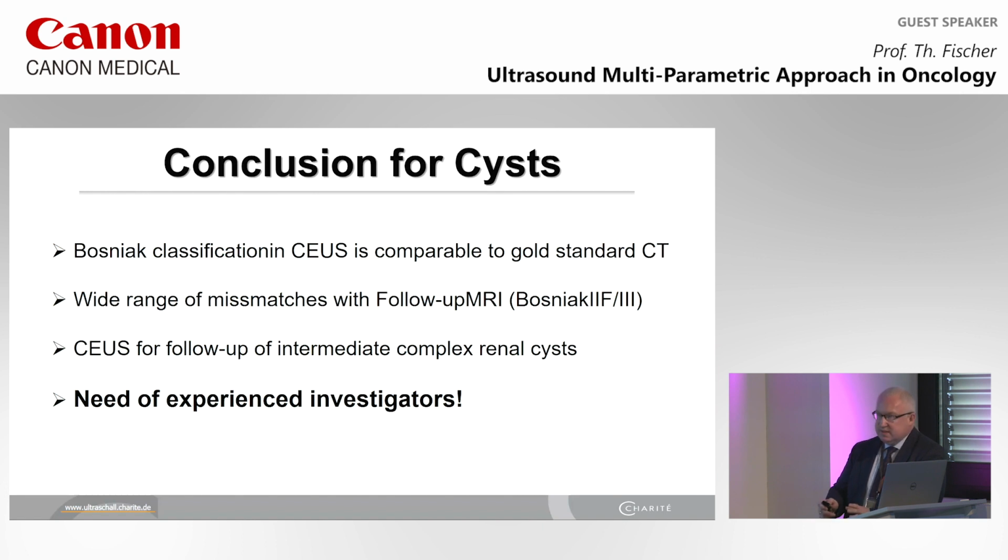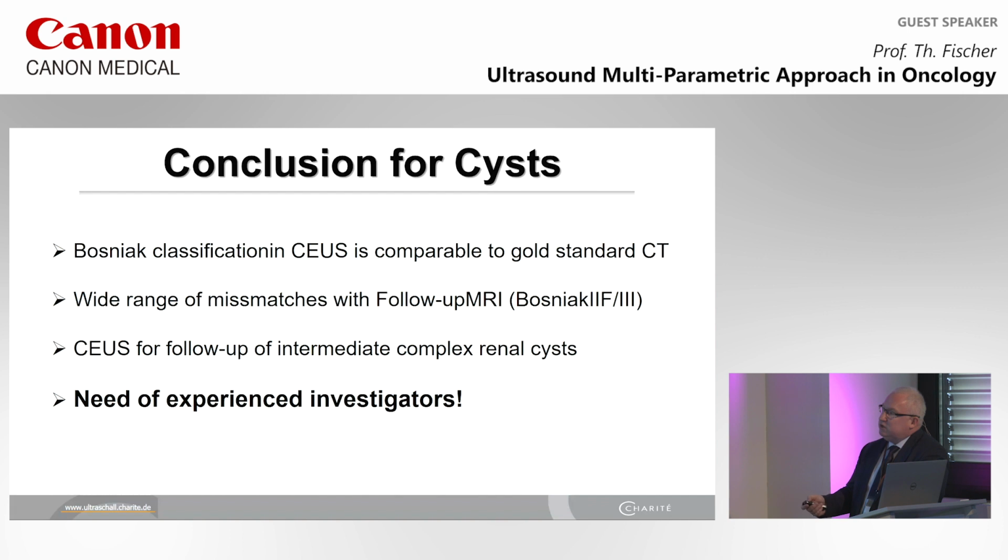So to conclude this part of the talk, I think for cystic lesions, Bosniak classification for CEUS is comparable to our gold standard, which is the CT. And we have a wide range of mismatches with MR, especially in this category, and that's based on different enhancement patterns.